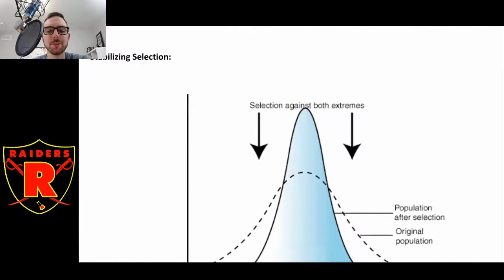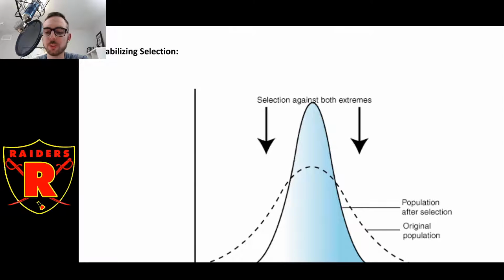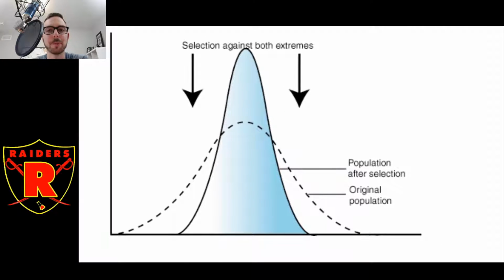The second type, stabilizing selection, is when the average is the best. The most survivability happens right in the middle of the curve. So if you are in the middle of the curve, whatever average for whatever trait, that is the most survivable thing.